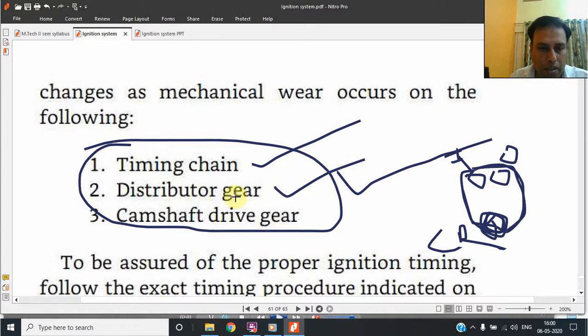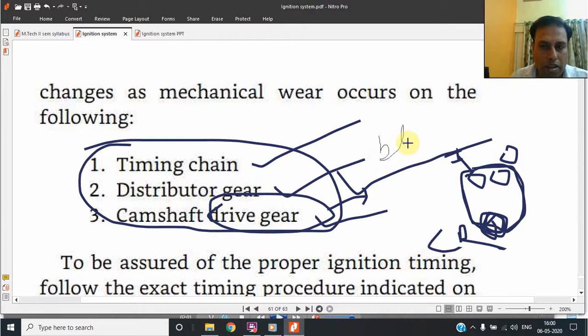Distributor gear means how the distribution is being done to the different spark plugs, and camshaft drive gear is the drive gear that gives power to one camshaft or the other camshaft. The drive gear, I think, at a certain time gets worn out, and that is also a reason.